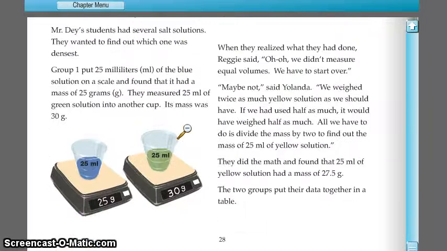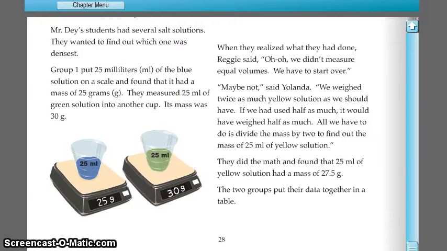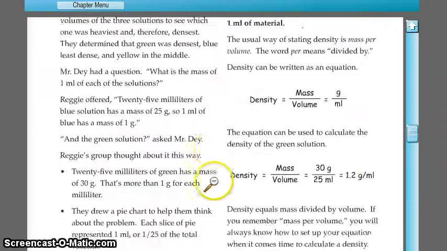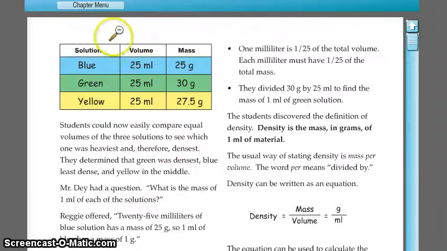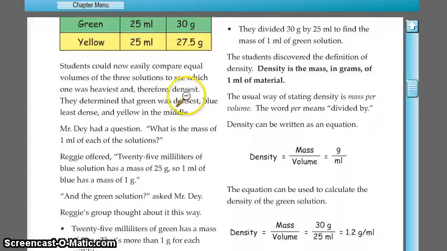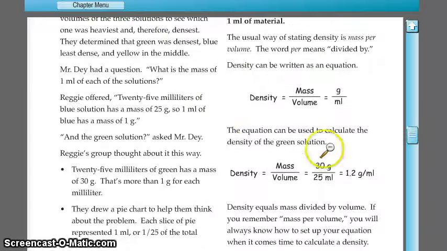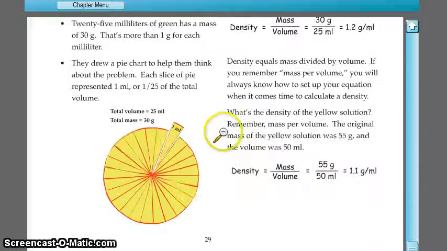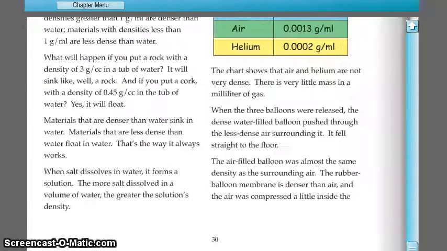It talks about the density of liquids. It continues explaining the volumes and the mass of the solutions, and then it goes into how to calculate the density of those solutions. Kind of a recap of exactly what we went over in class.